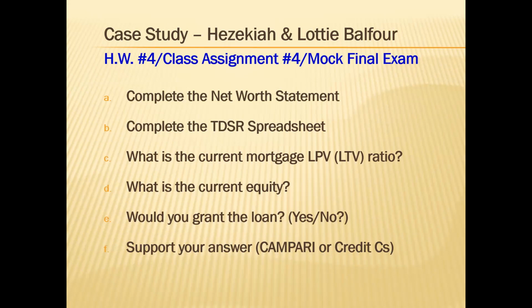First thing we're going to do is complete their net worth statement. This is homework number 4. I had said it was a class assignment, then said don't do it, because I realized it was already done for homework number 4, but it is also appearing now in this mock final exam.